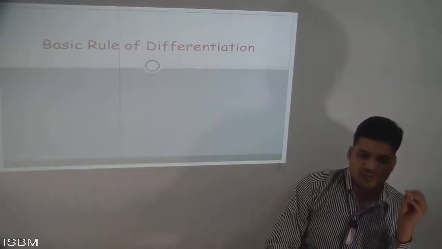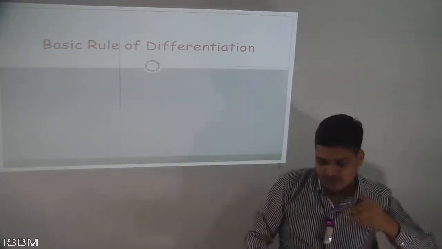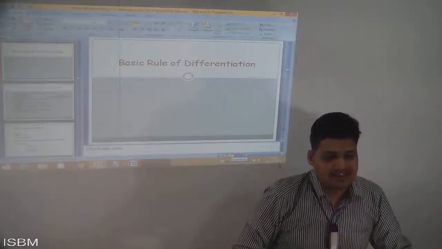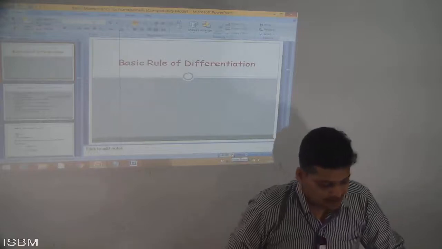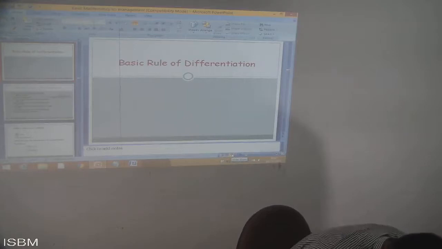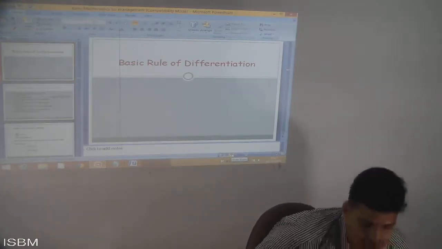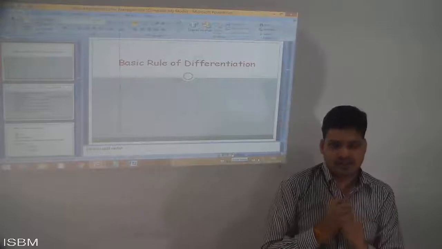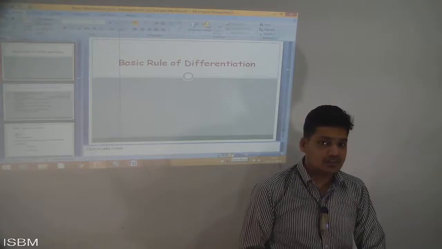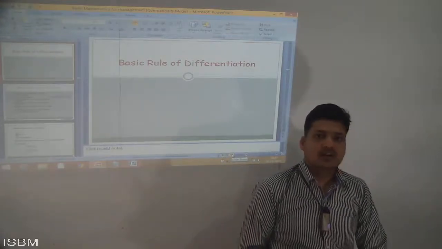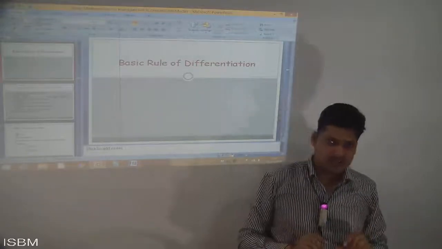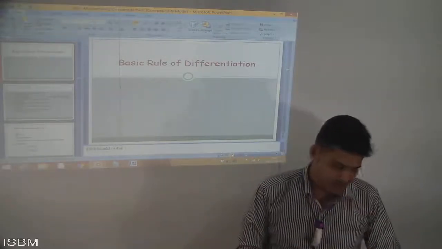Some basic rules of differences. So now start with the difference. Till now we have done the set theory. We have learned what exactly the sets are, how they work, the different sets, and how we denote them in mathematical terms as well as verbally in text form.